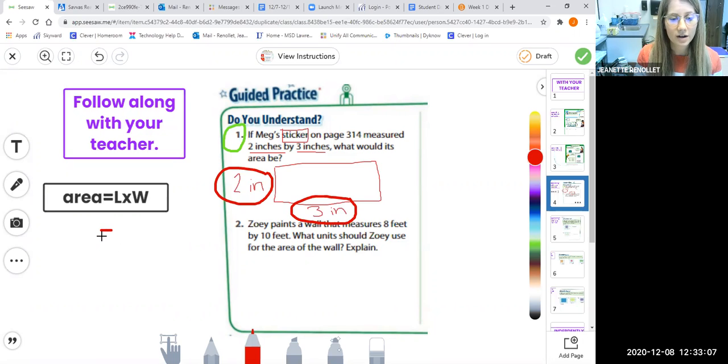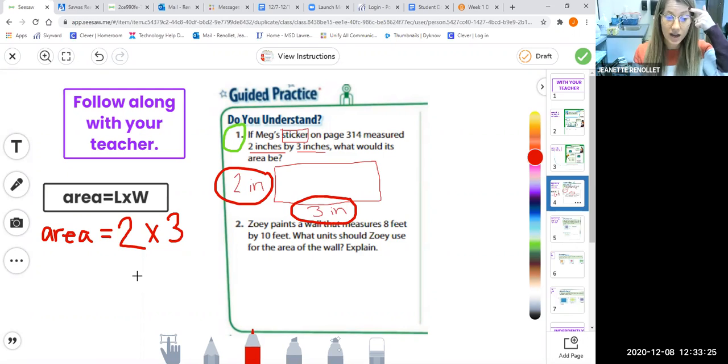So over here, I can write 2 times 3, and we can find what the area will be. I know my multiplication facts. I know that 2 groups of 3 is 6. 2 times 3 is 6.